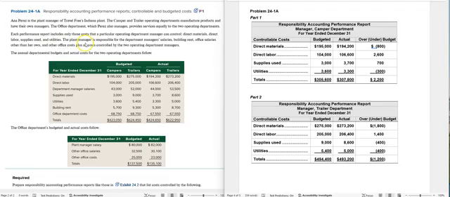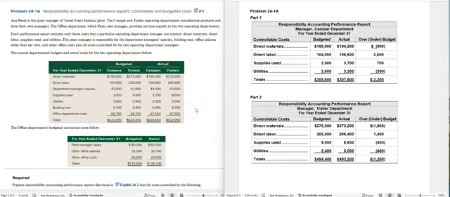The plant manager, Anna, is responsible for the department manager's salaries, building rent, office salaries other than her own, and all other office costs, plus all the costs controlled by the two operating department managers.